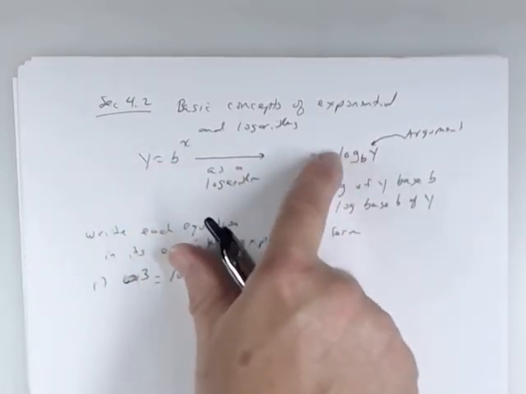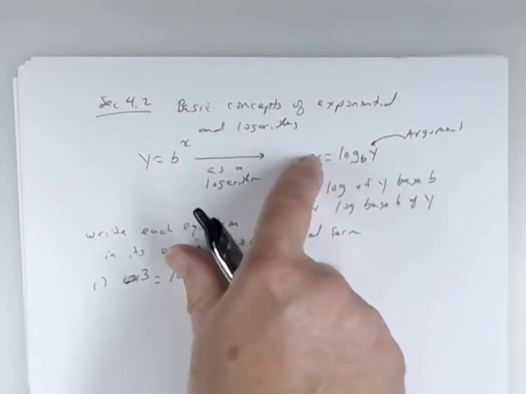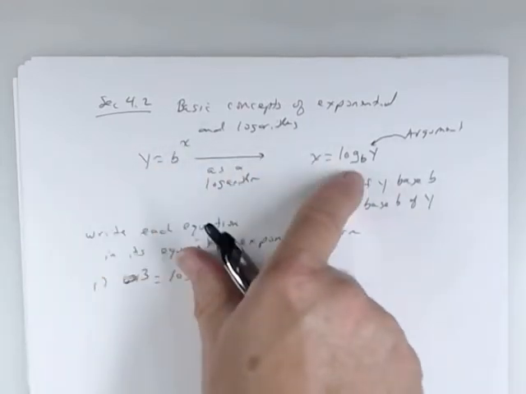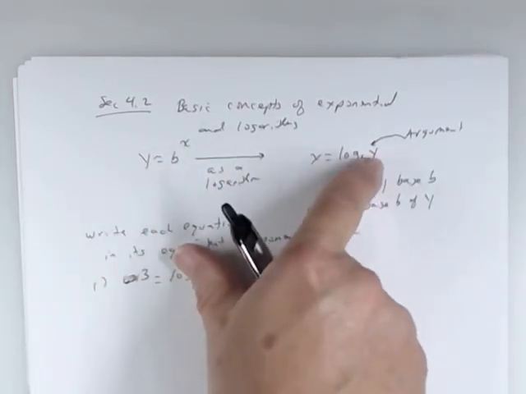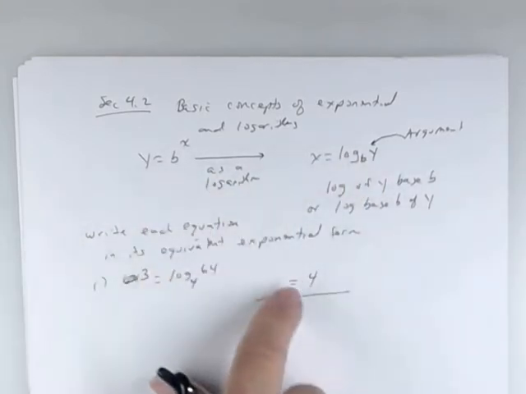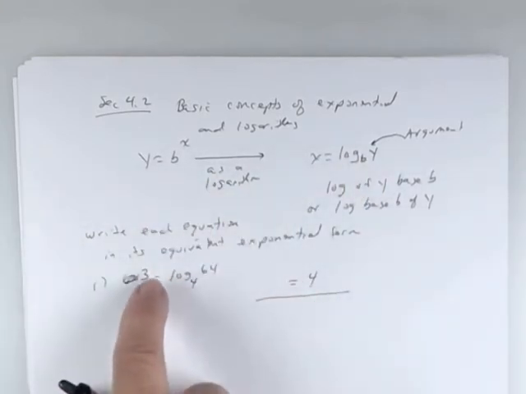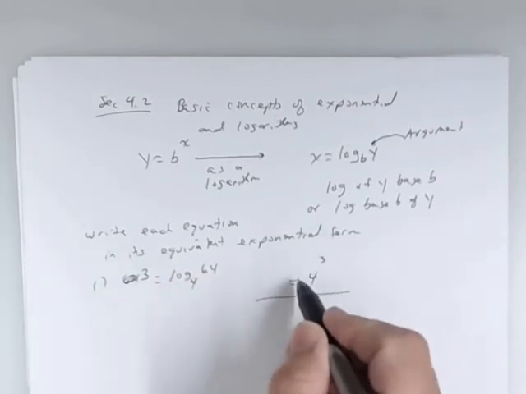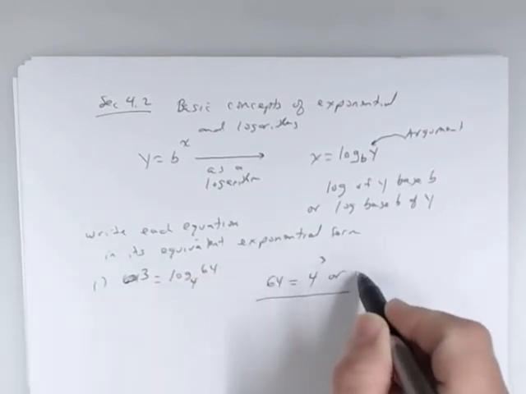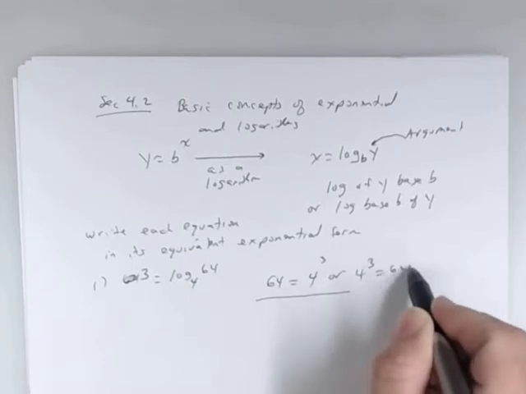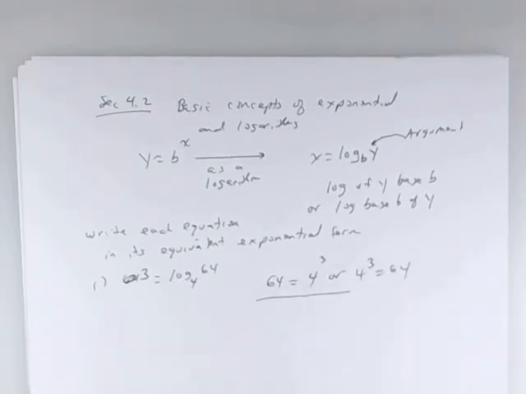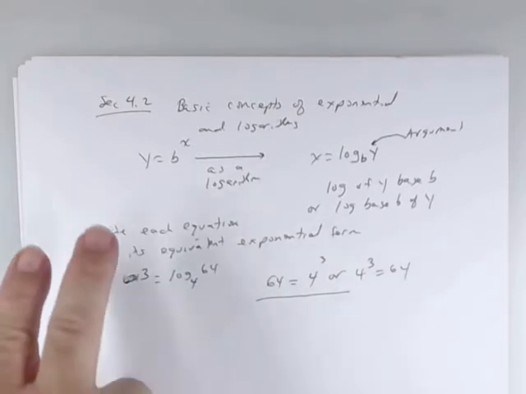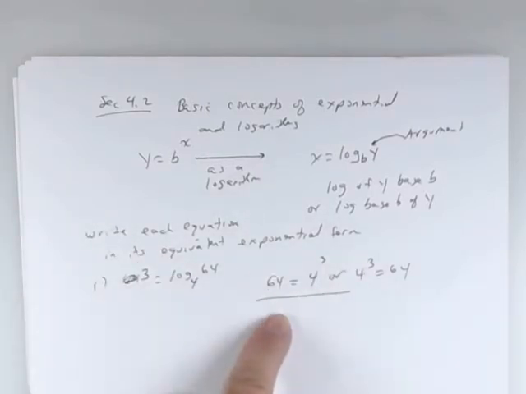You're going from b to the x power, b to the x. See this? B to the x equals the argument. What's the argument? Y. So you're going to say 4 to the third equals 64. It doesn't matter. Okay?